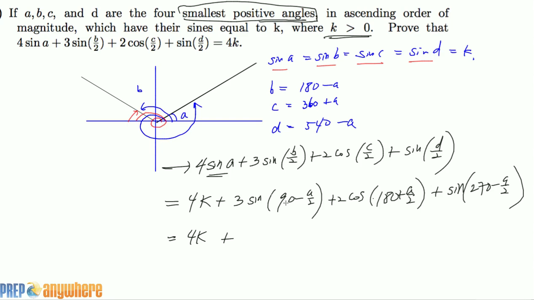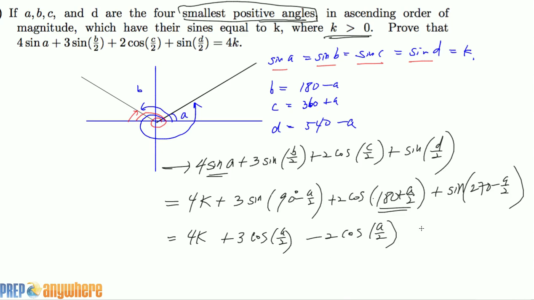So we know something about when it's 90 minus some angle, right? This is called cofunctional identities. So 90 minus A over 2 is actually going to equal cosine of A over 2. However, 180 plus A over 2 represents an angle in the third quadrant, so if A was an acute angle, this is going to be negative instead.